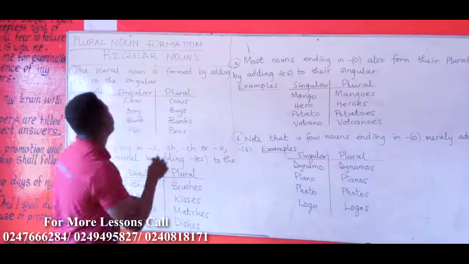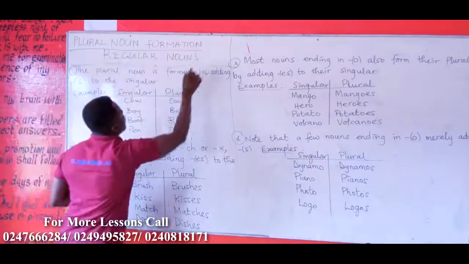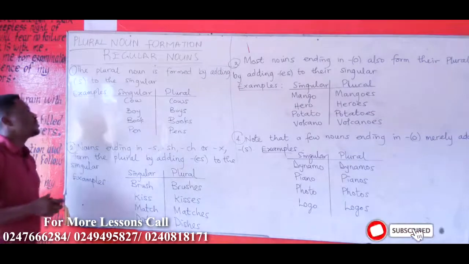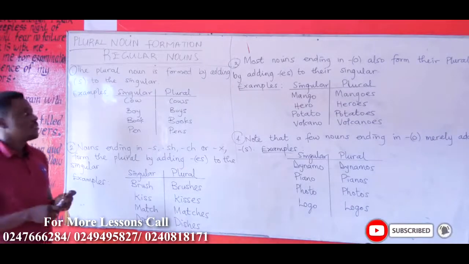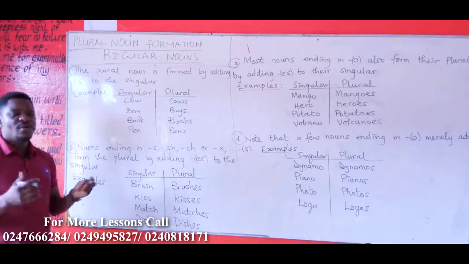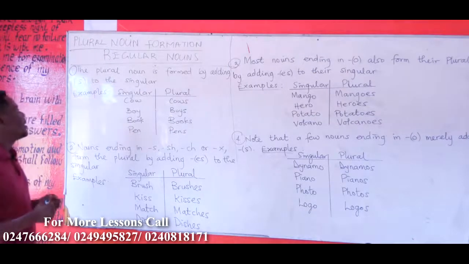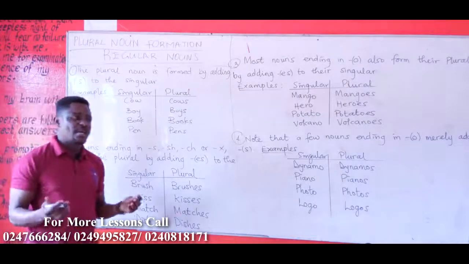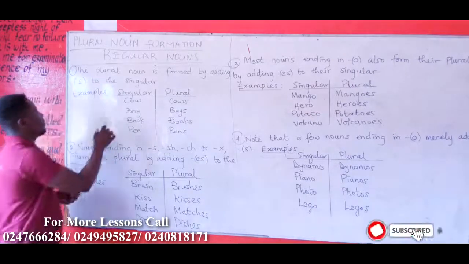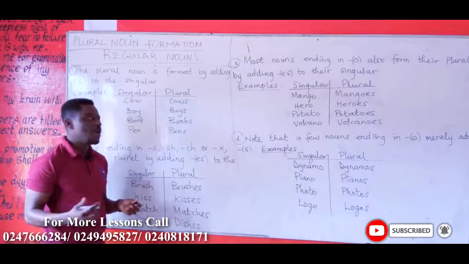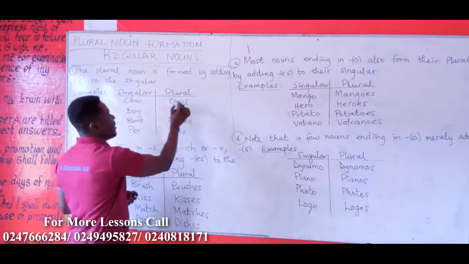We are starting with regular nouns. How do we form the plural forms of regular nouns? In normal circumstances, the first thing we do is just add S to the noun. For instance, I have here cow. To form the plural form of the word cow, I will just add S to it.